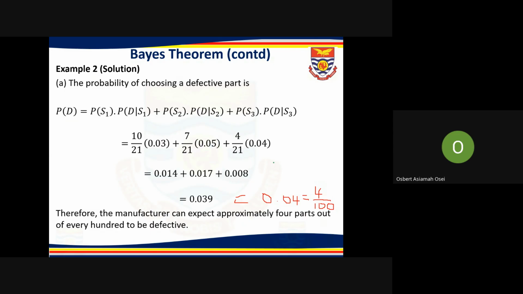This is because the probability of it being defective coming from supplier one also comes with his number of parts. So we need to find out how many of them are coming from supplier one. That is why you multiply by P of S1. And then you find out how many of them are coming from supplier 2. That's why you multiply by P of S2. I hope you understand. That is why the multiplication is there.